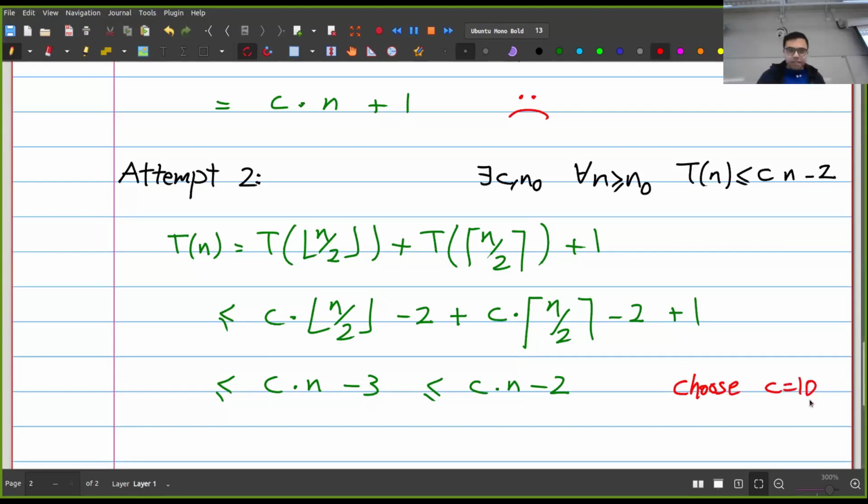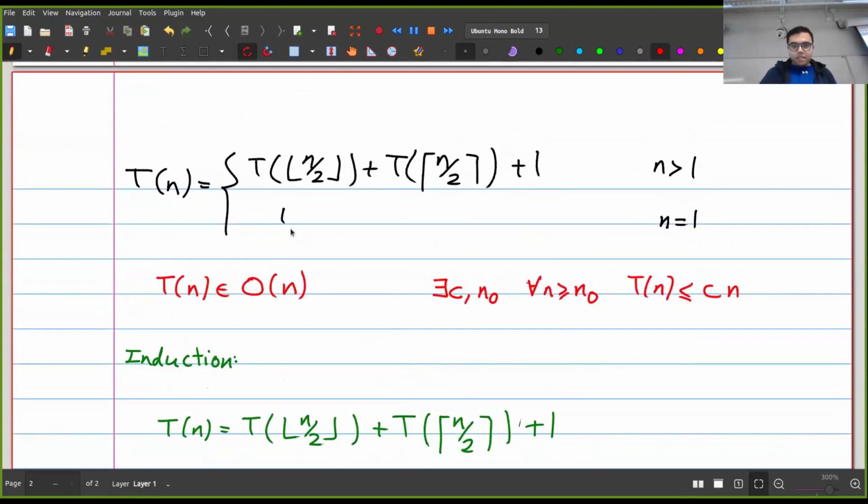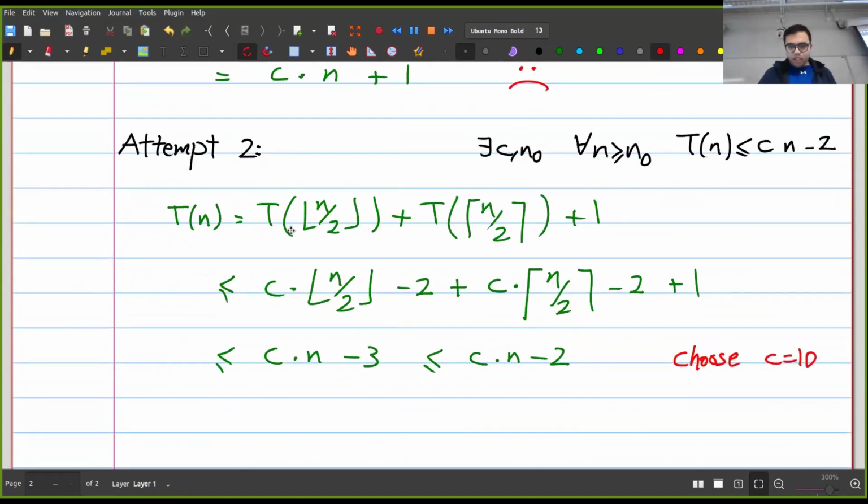If C is 10, my induction step goes through, but now I have to find an N0 and I have to find a base case for my induction. Okay? So let's see. My base case, can it just be 1? Yeah.